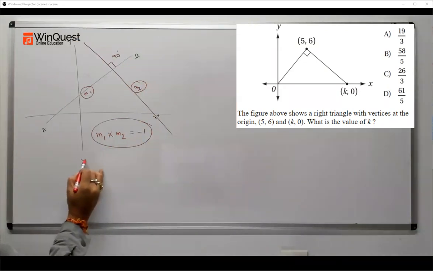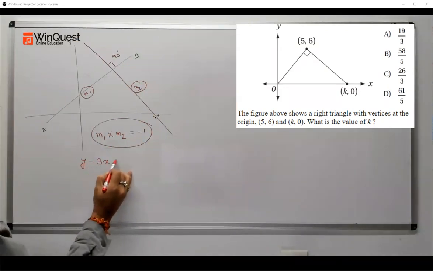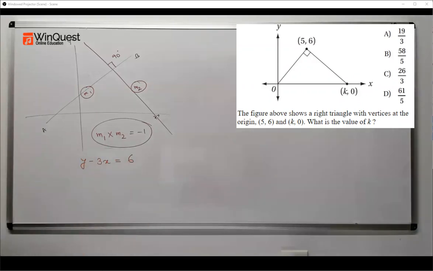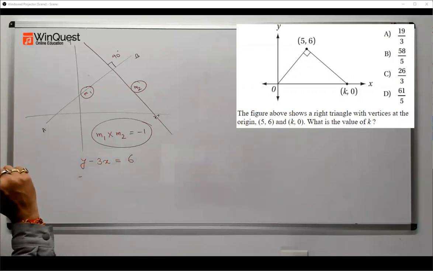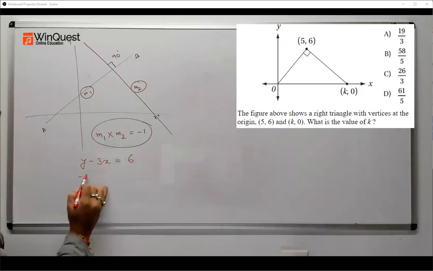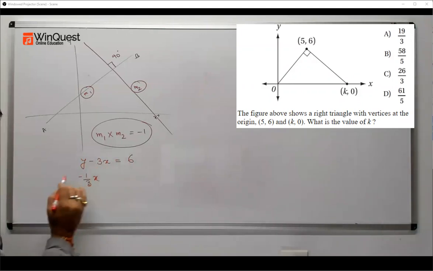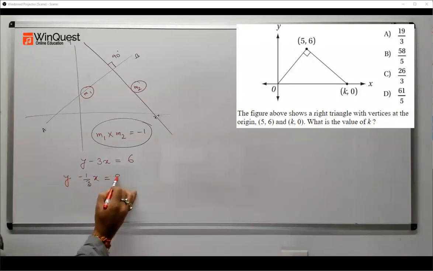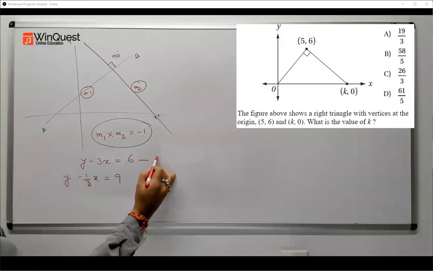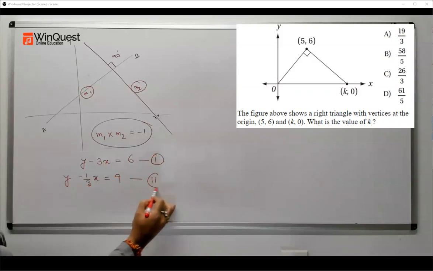So for example, if I give you y minus 3x equals 6, and then I say y plus 1/3 x equals 9, they are typically perpendicular lines.